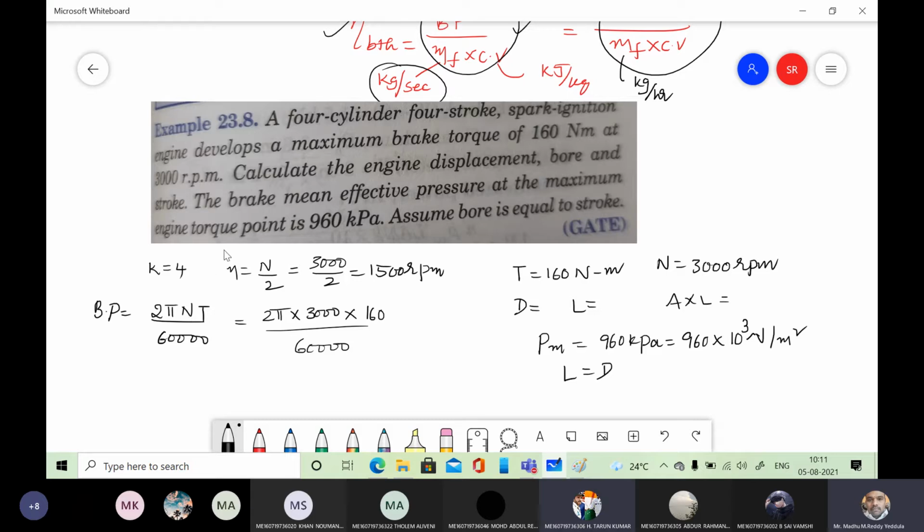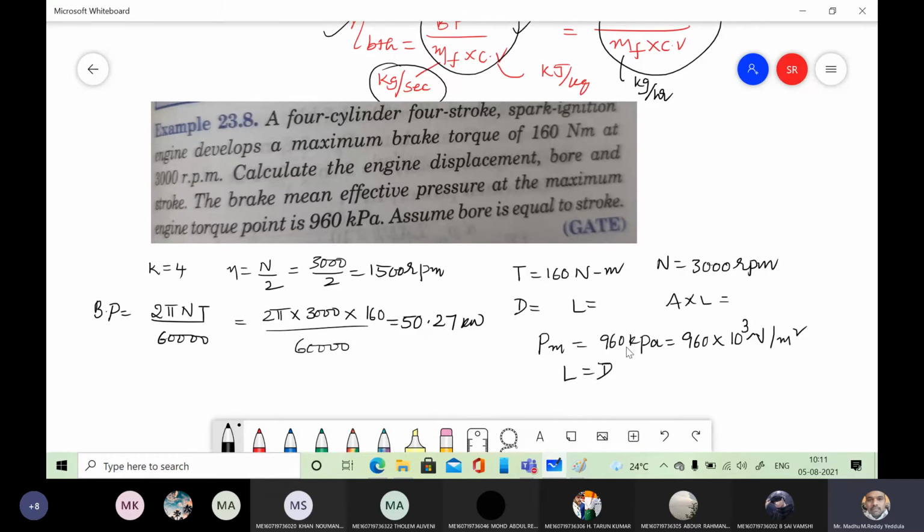Small n is applicable only for indicated power. So the result is 50.27 kilowatt.